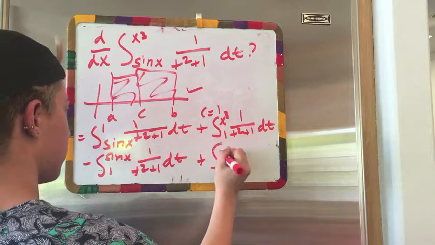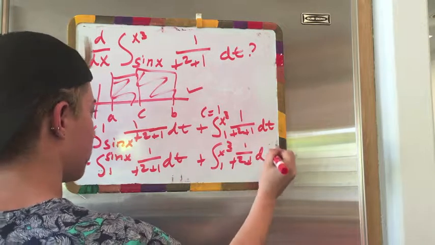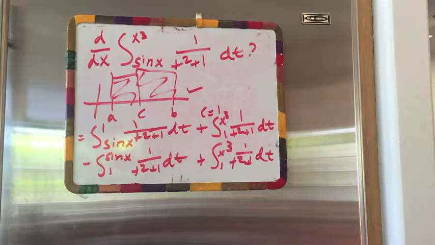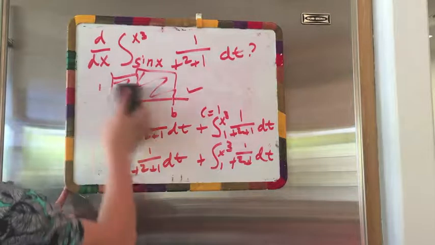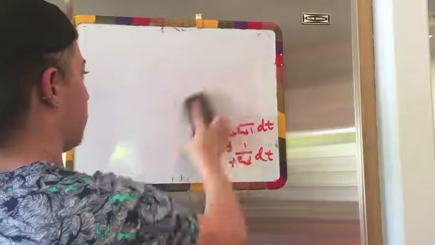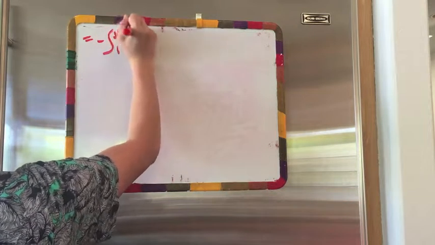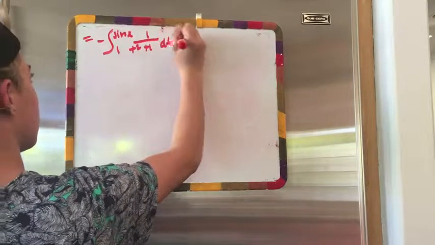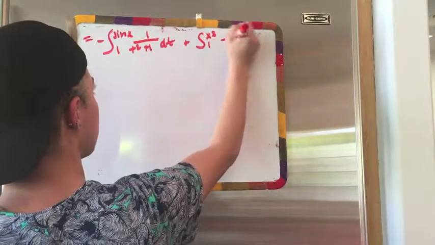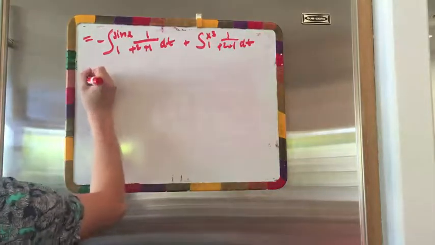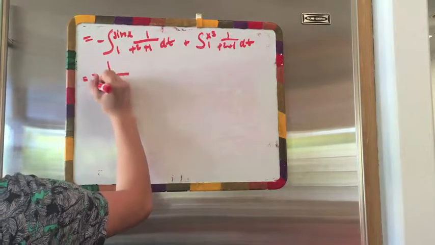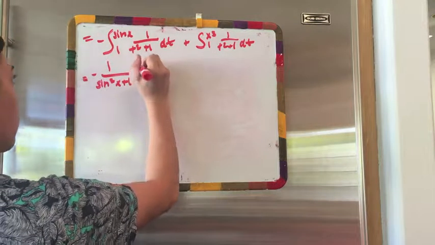So you can easily substitute in and use the fundamental theorem of calculus without losing any part of the function. So the way that you carry this out is then negative integral from 1 to sine x of the function and the integral from 1 to x cubed, so that you can have it in the b part of the function and not lose any parts.